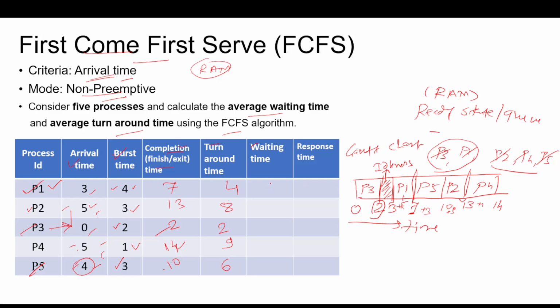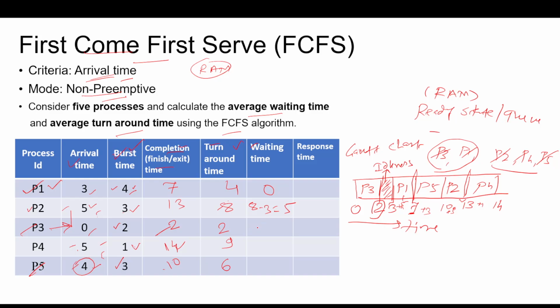So what is the waiting timing? Waiting timing is nothing but the turnaround timing minus the burst time. So turnaround timing for P1 process is 4, and burst timing is also 4. That means 4 minus 4, that is 0. Okay. So 8 minus 3, that is 5.